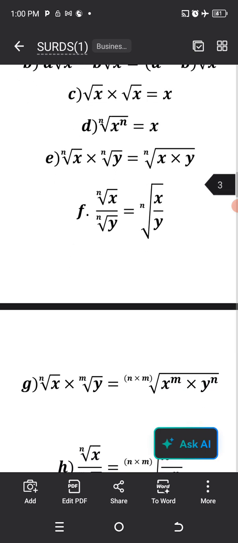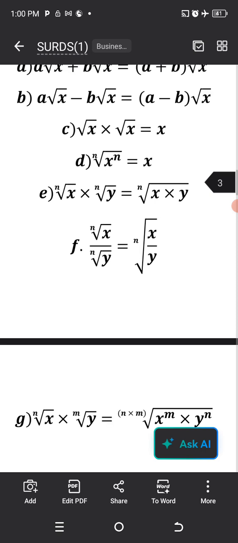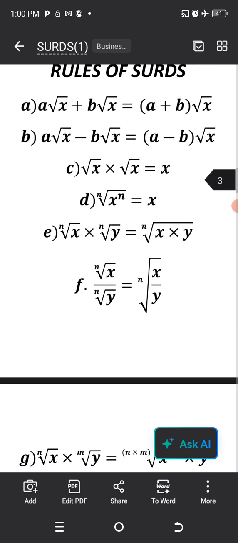So whenever the expressions inside your roots are different but they have the same index, let me put it that way, you can express it in this form, what is at the front of that equality sign. I'm referring to this rule e now.